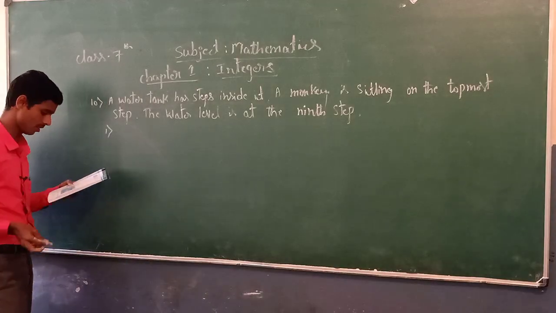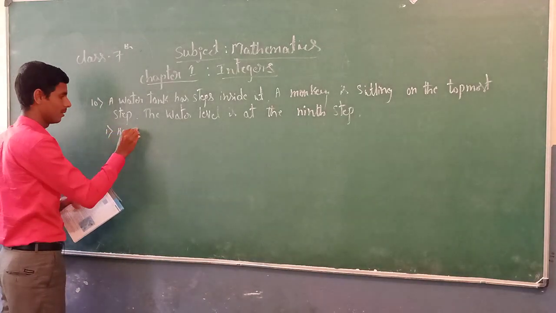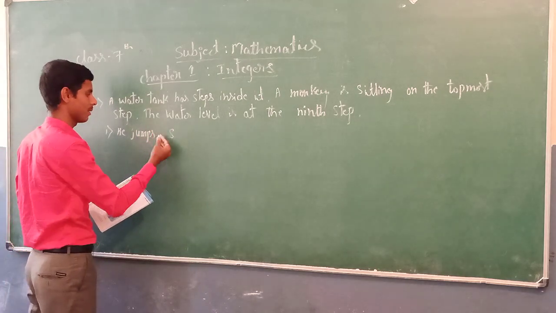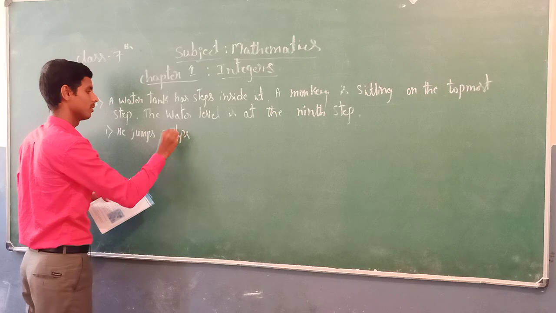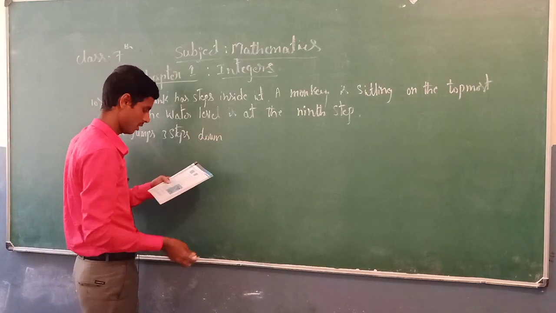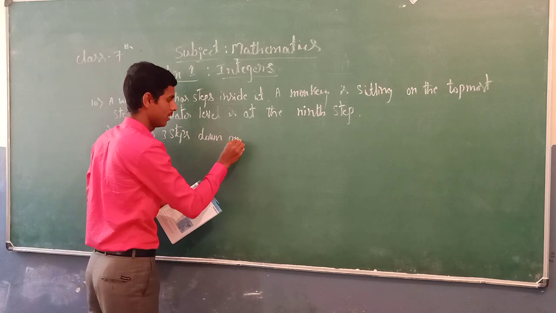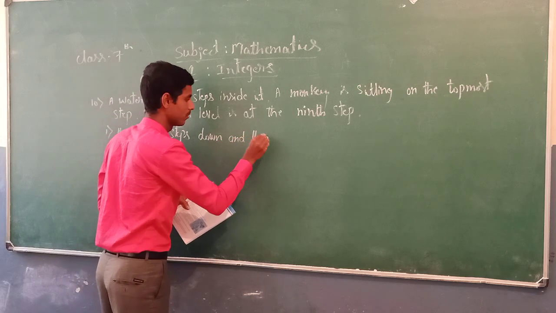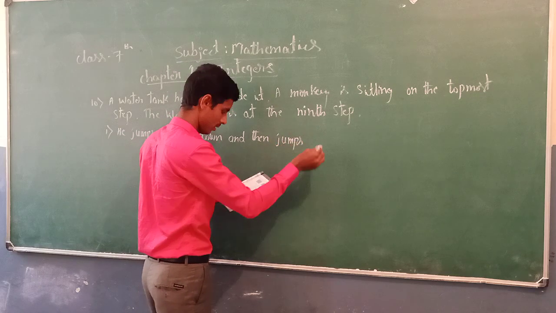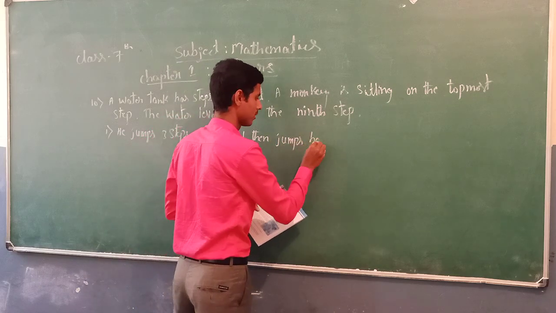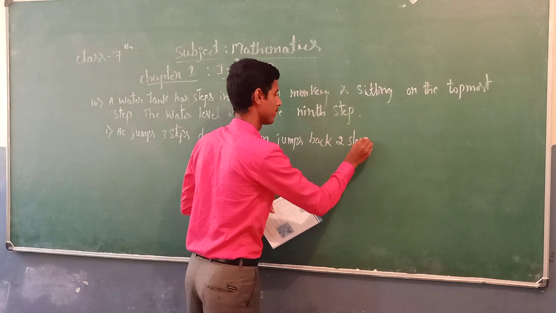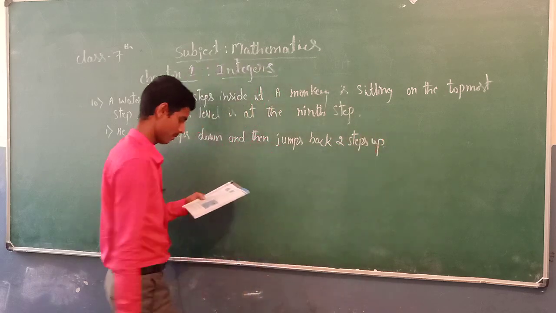So first question is, he jumps 3 steps down and then jumps back 2 steps up.